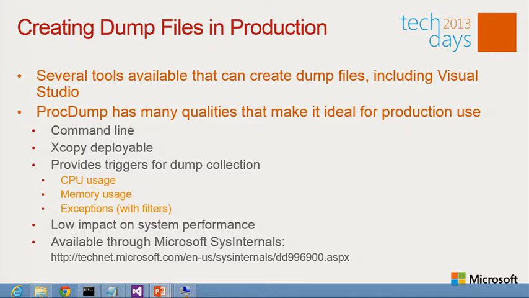And probably most importantly, it provides specific triggers for dump collection. So if there are certain things that are going wrong in your application that you know about, you can set up ProcDump so that it will collect dumps when those things occur. Examples of this, you can set it for CPU usage.